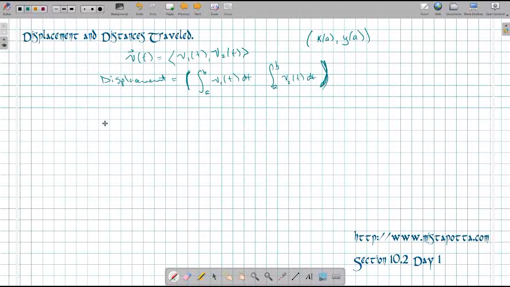So when I'm talking about the distance traveled, what I'm actually doing is I'm finding the integral from A to B of the speed.